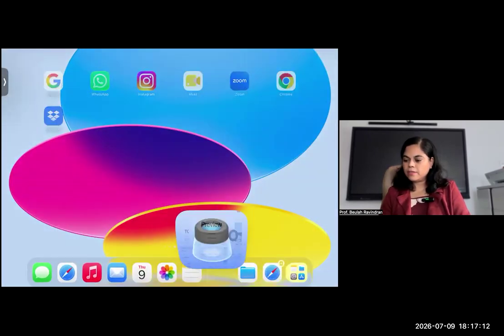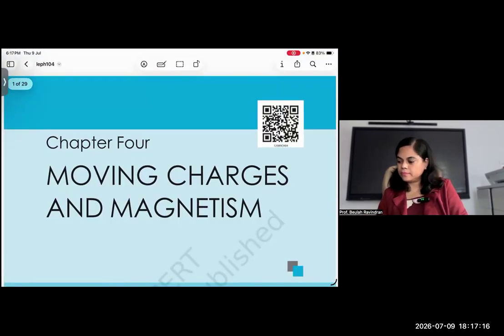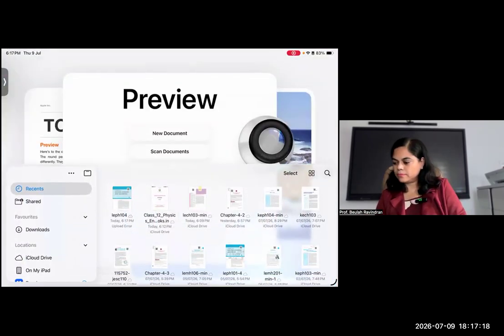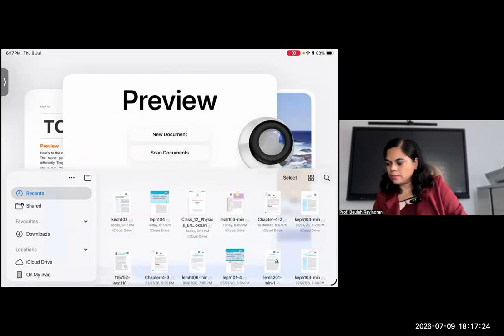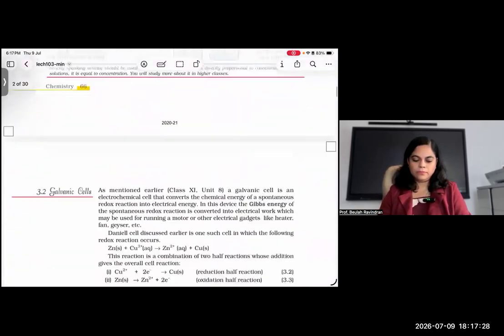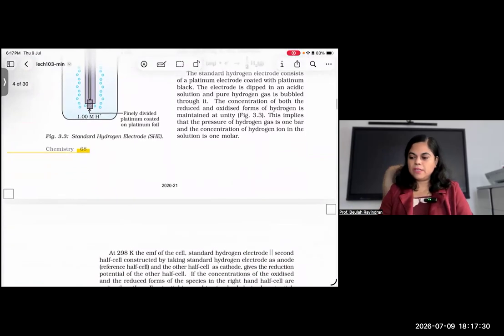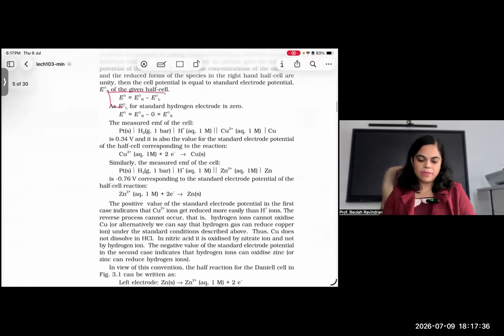From here, we have learned about EMF of the cell. What is the EMF of the cell? E cell is equal to E right minus E left, right? So everything we have learned.